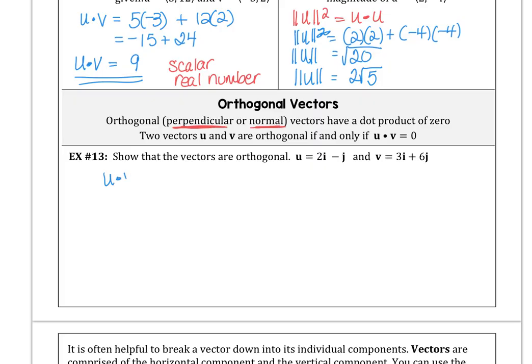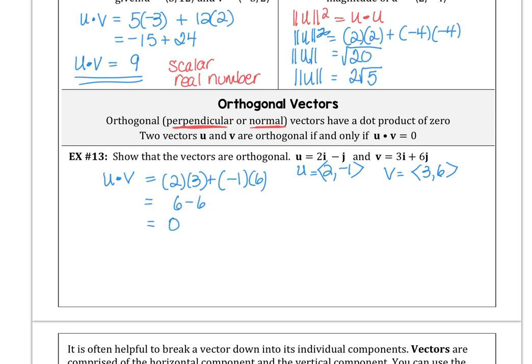We can do that by dotting u with v. Let's look at component form. u is 2, -1, and v is 3, 6. So if we dot u with v, our product should be 0. 6 minus 6, u dotted with v, is definitely 0.